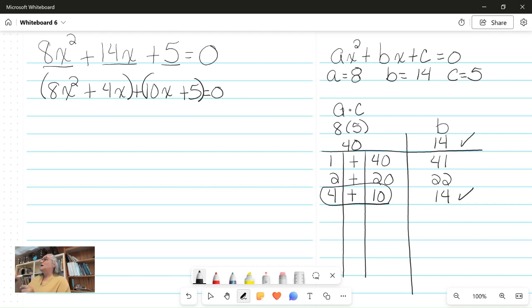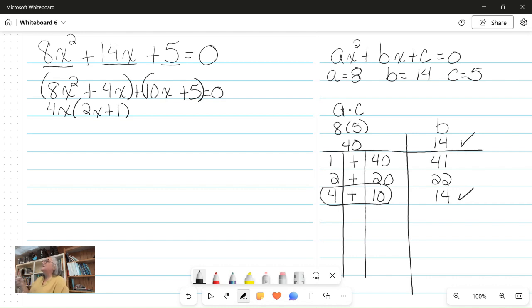Looking at 8x squared and 4x, both of them have an x, and 4 will divide evenly into 8, so I can factor out a 4x. 8x squared divided by 4x is 2x, and 4x divided by 4x is 1, because any number divided by itself is 1.